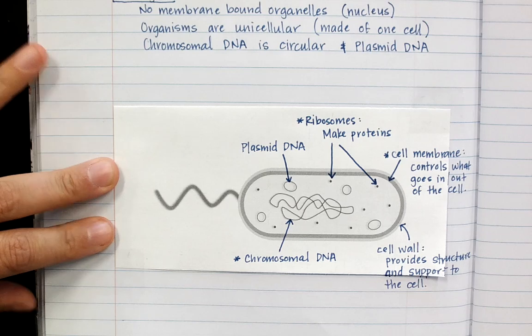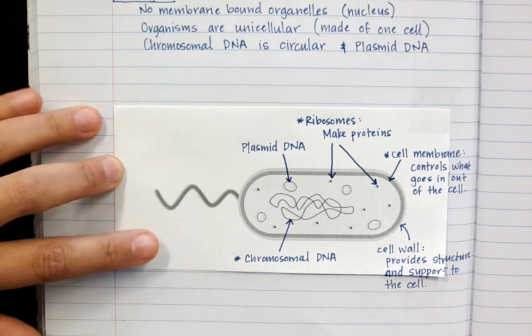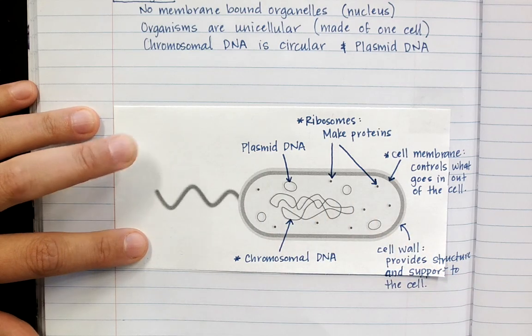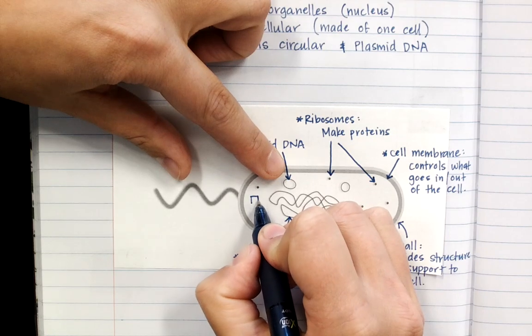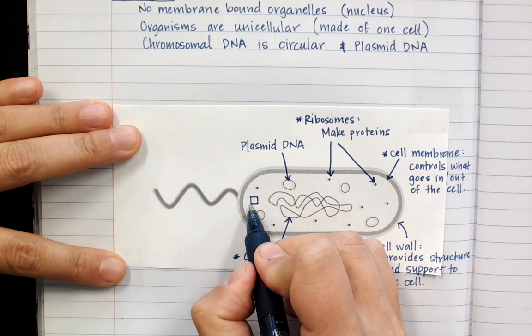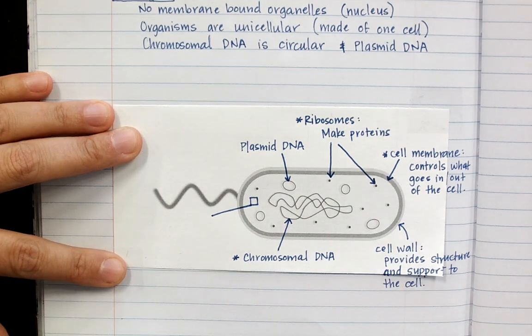There are just a couple more things that we need to talk about, one of which is this fluid that these structures are floating in. And so I'm drawing a box to indicate that this line is referring to that fluid.